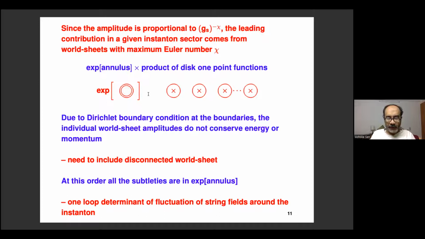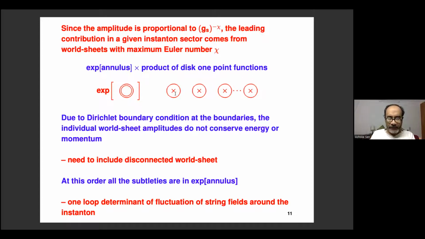But this is not the case here because we use Dirichlet boundary conditions at the boundaries, which means you break translation invariance, and so each worldsheet is not separately constrained from any other contribution. As you will see, the momentum conservation will be implemented at the very end. So that's why you have to include disconnected worldsheets in this sum over worldsheets, sum over genus.